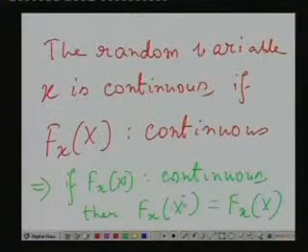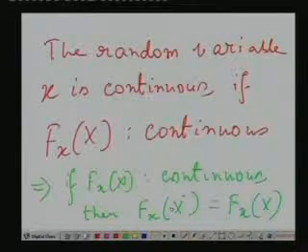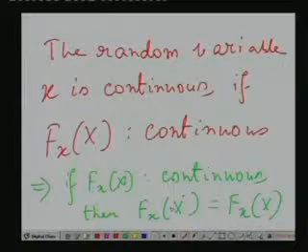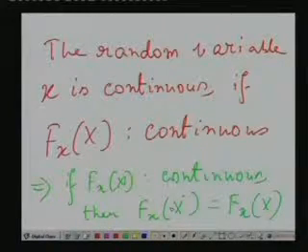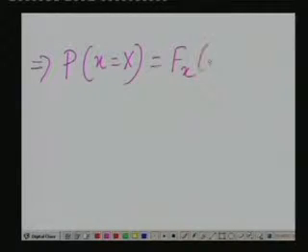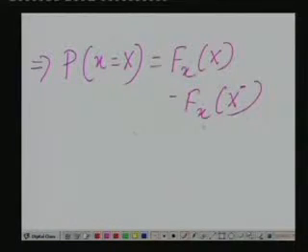What does that mean then? It means if the random variable is continuous and therefore this probability distribution function is continuous, the left limit of the probability distribution function at capital X is same as the value of the probability distribution function at capital X. This would imply from our previous theorem that the probability of x taking the value capital X exactly, by our previous theory has been this, but since these two are same, this becomes 0.